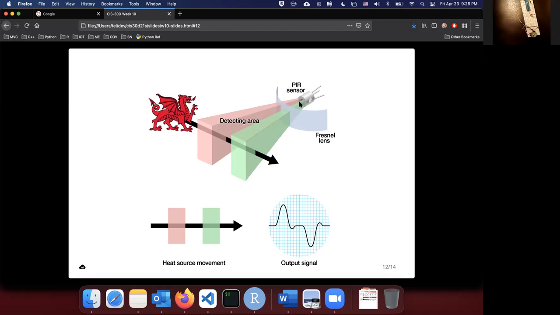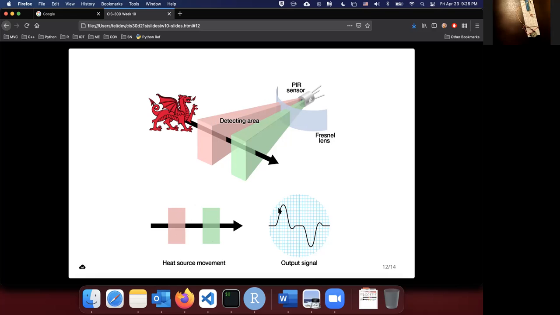If you logically divide the sensor into 2 parts, you will see the motion move from one side to another. That's how it detects that movement, because the movement causes the light to go into different parts of the PIR sensor element itself. That gets translated into an electrical signal, which goes from a positive voltage to a negative voltage.